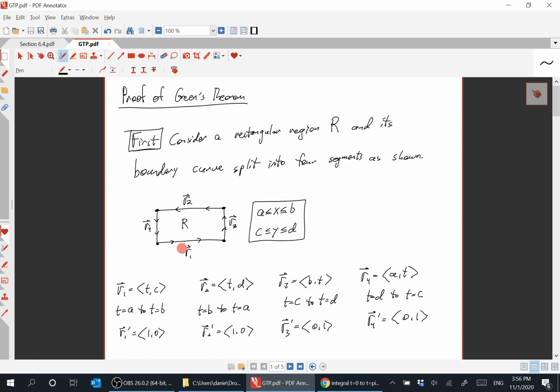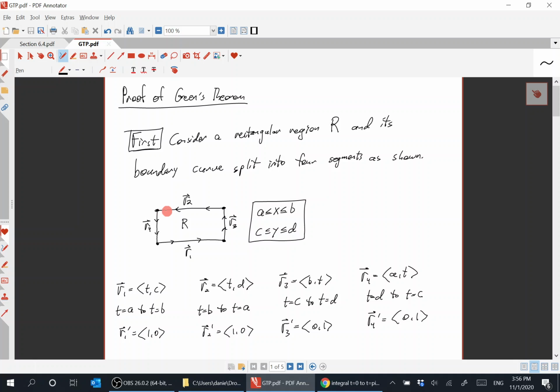And then you can split the boundary curve into 4 segments. This segment, R1, this segment, R2, R3, R4. They don't have to be in order. It's fine. Addition is commutative, and integration is summation. That's why we use the skinny s for summation. And you can add up an integral over however you feel like splitting up the boundary.